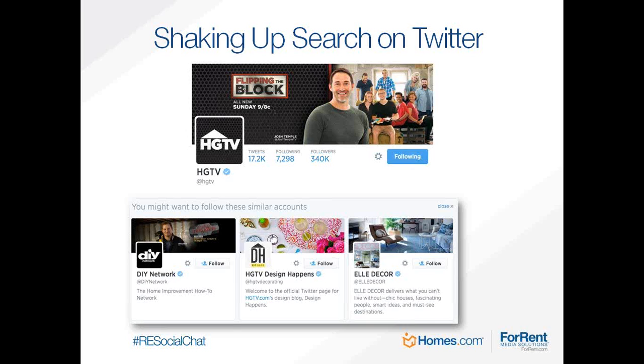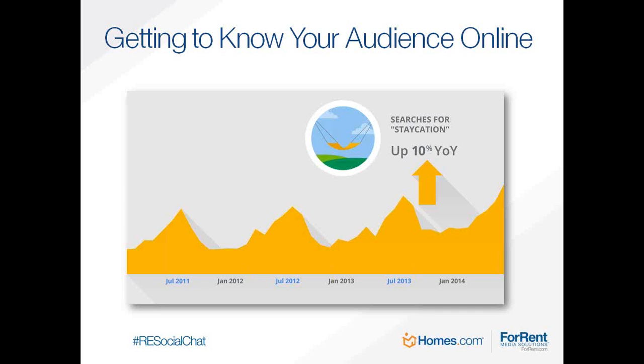One thing I wanted to share with you before we wrapped up, and this is a rather short webinar, but I wanted to keep it short and sweet for you. Get to know your audience online, whether those be renters, buyers, or sellers. One thing you can do is use Google, which has so much information just for businesses to help you learn how to attract and reach current and future audience members.